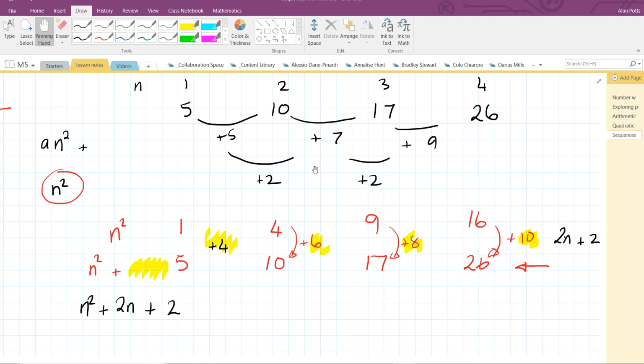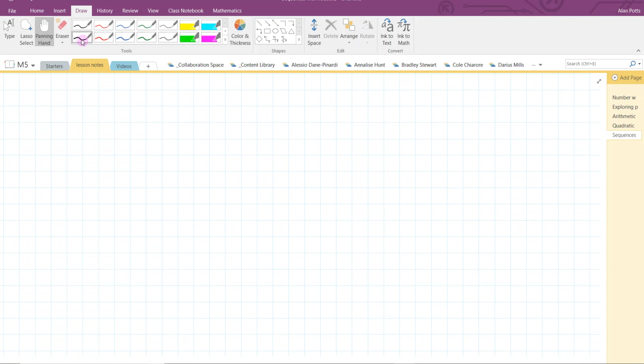Okay. What I'm going to do is rewrite it again, so I've got n being 1, 2, 3, 4. Don't write yet, just watch what I'm doing, and then you can write down afterwards. The sequence we had was what again? 5, 10, 17, 26.